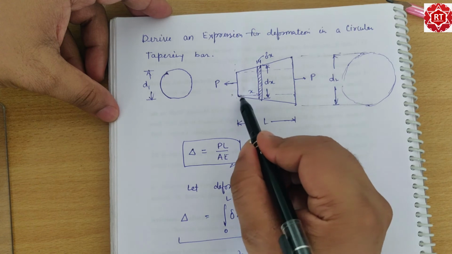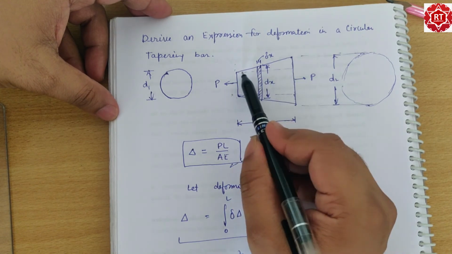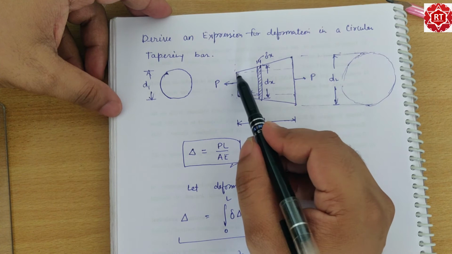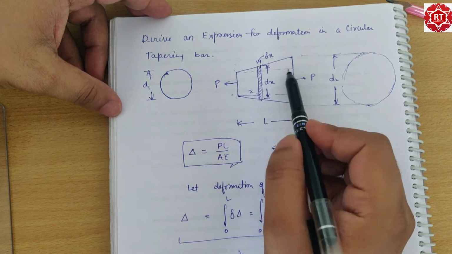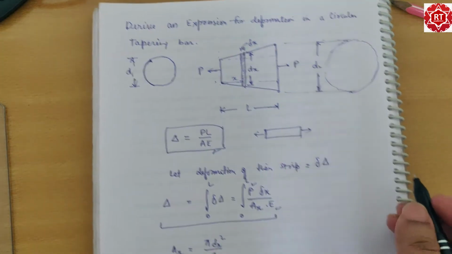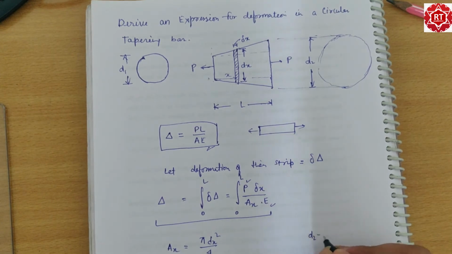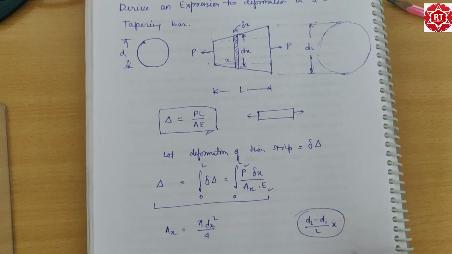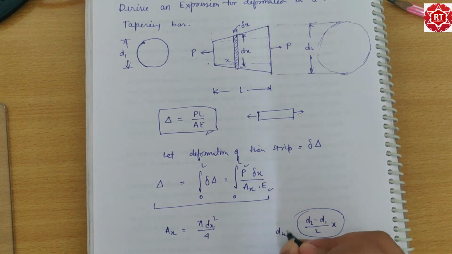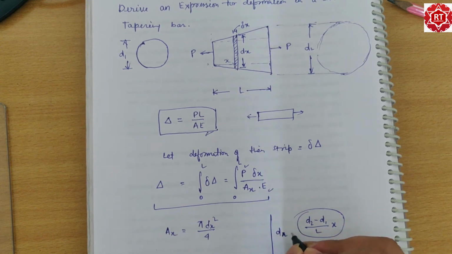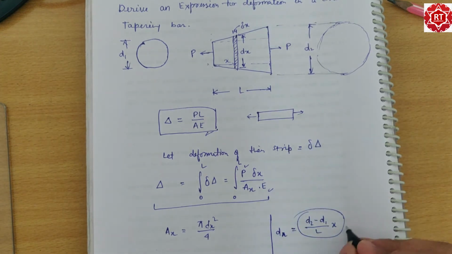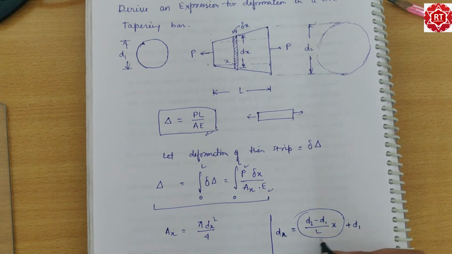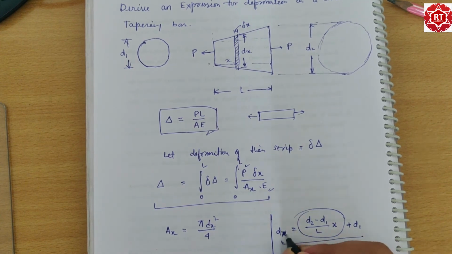So the rate of change of the diameter can be written as d2 minus d1 over L into x. So dx is equal to this rate of change, plus d1. I can write this standard relation for dx.